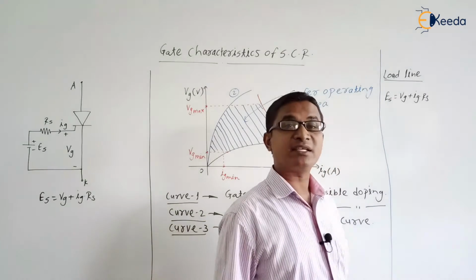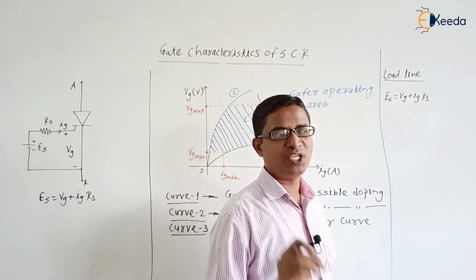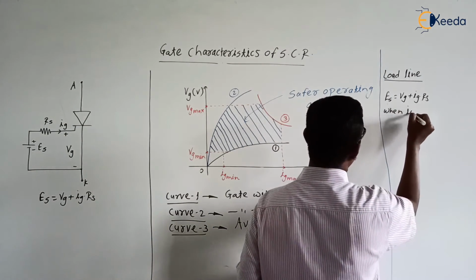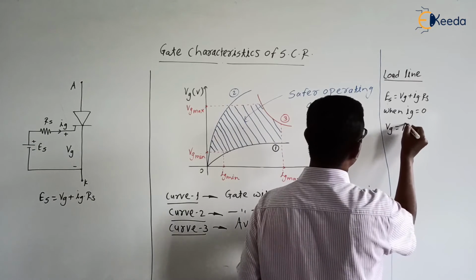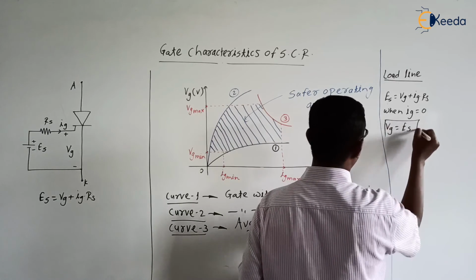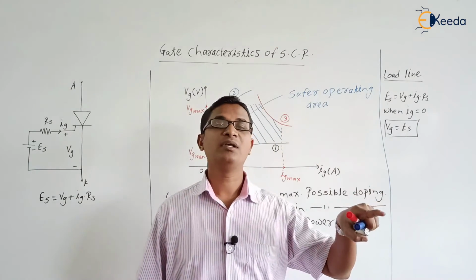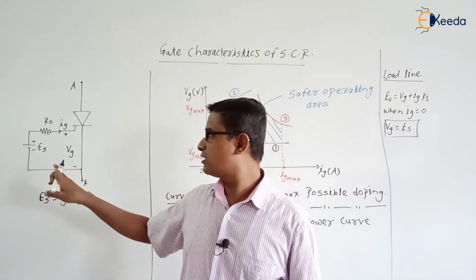So what is the maximum possible value of Vg? When Ig is equal to 0, can we write Vg is equal to Es? Yes, so when Ig is 0, Vg is Es. This is the maximum possible gate voltage value for the given circuit parameters.